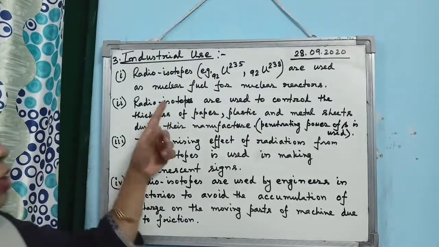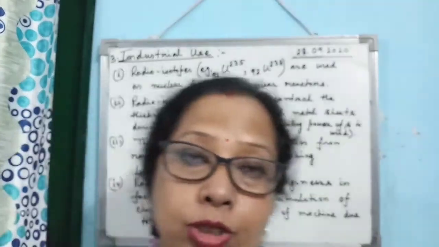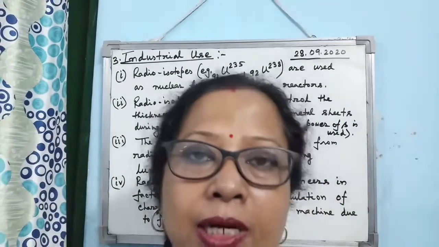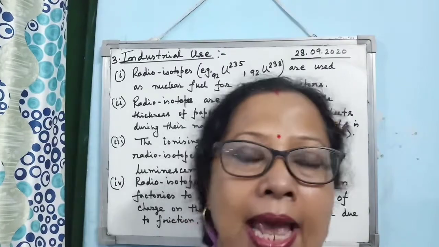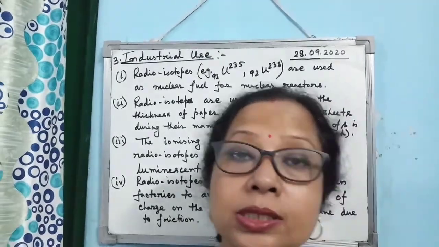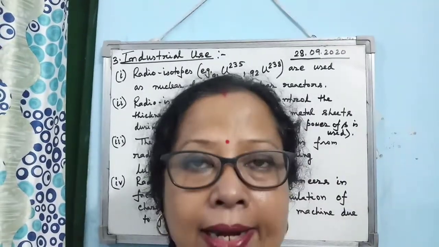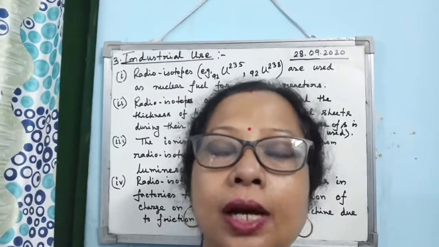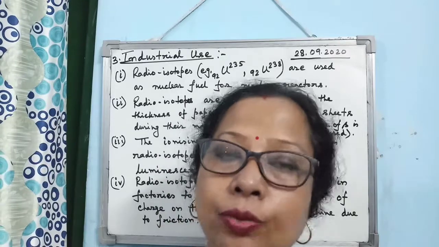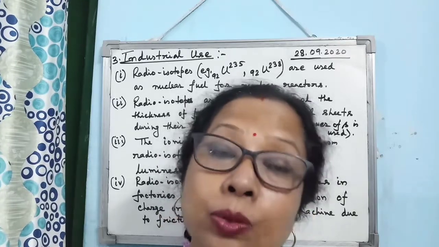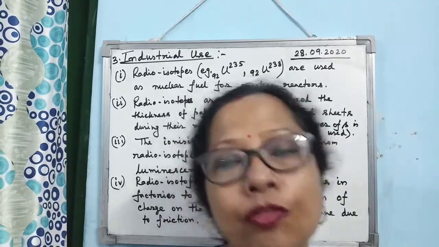Now radioisotopes are also used to control the thickness of paper, plastic and metal sheets during their manufacture, by using the penetrating power of beta rays.